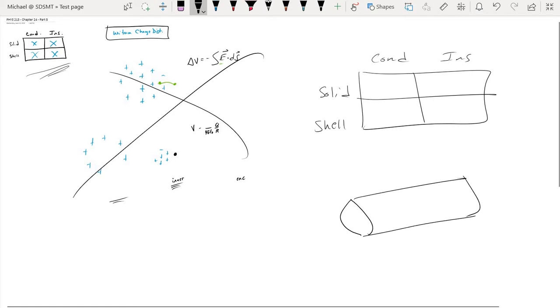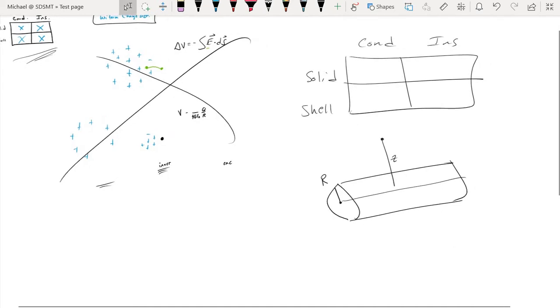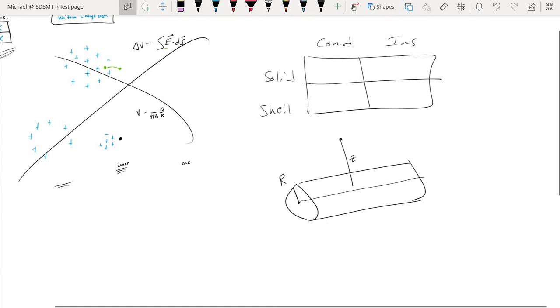So now you have a charged cylinder, radius R, length of L, and we want to know what the electric potential is going to be at some point Z above the central axis of our cylinder. Well, if we remember back to our discussions about electric fields produced by cylinders, we said that as long as we were outside, the cylinder would act like a line of charge.